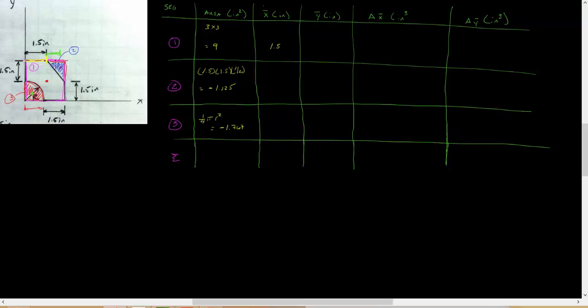And this distance is going to be 2/3 of 1.5, because remember, from the right angle it's 1/3, so this piece here would be 1/3, but from here to here is 2/3. 2/3 of 1.5 is 1, so 1.5 plus 1 is going to be 2.5.